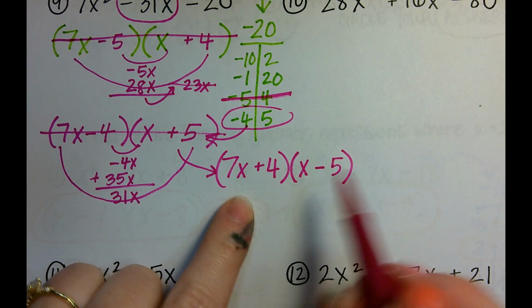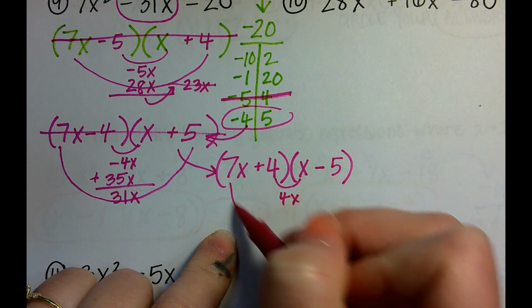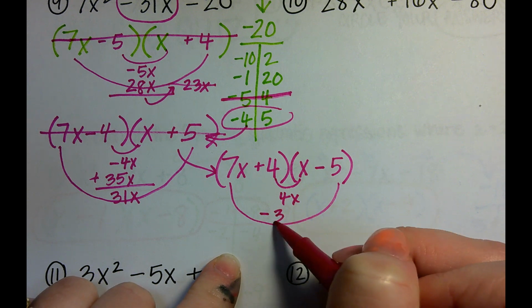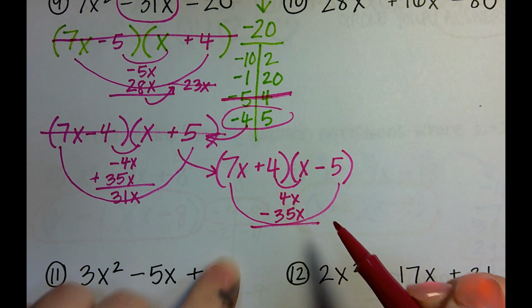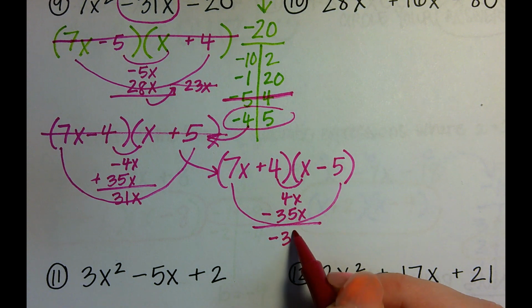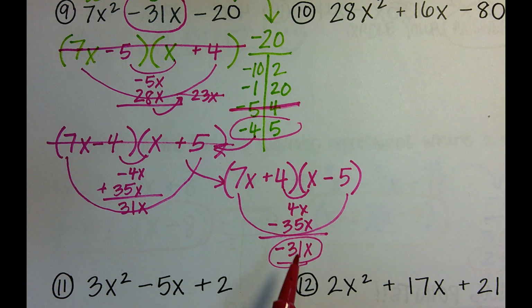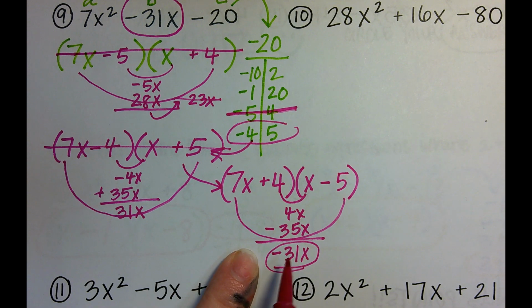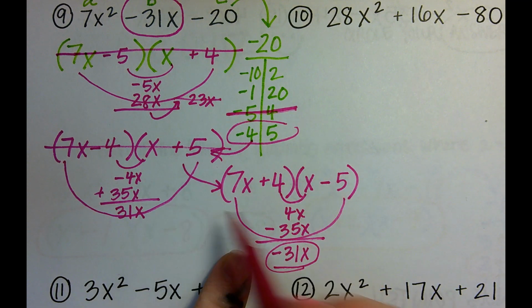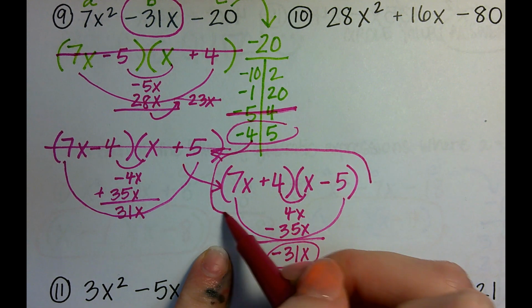And we'll be able to see that it's going to work. 4x minus 35x. And what does that give us? Negative 31x, which is exactly what we needed. So this is our answer. 7x plus 4 times x minus 5.